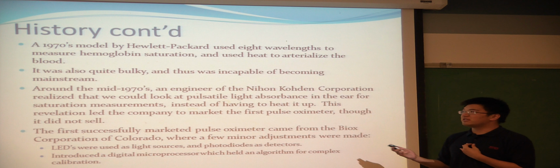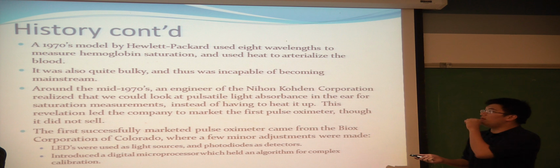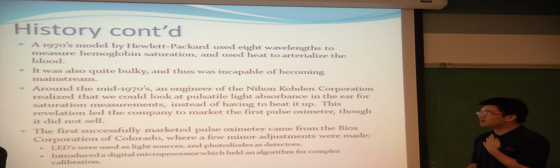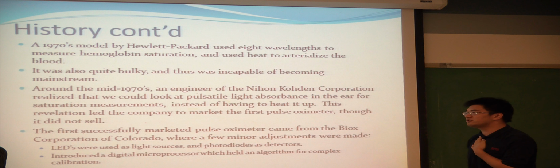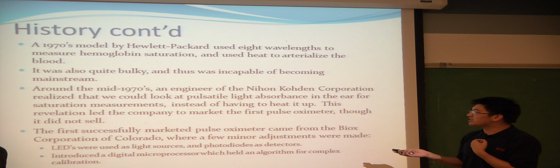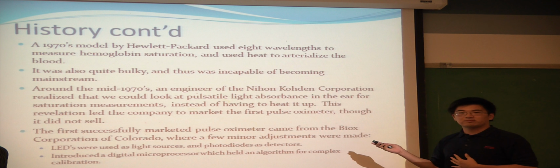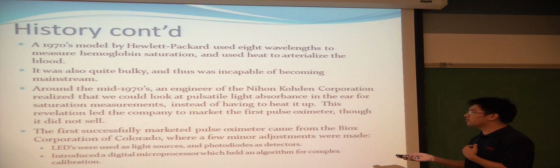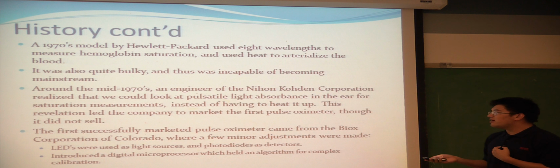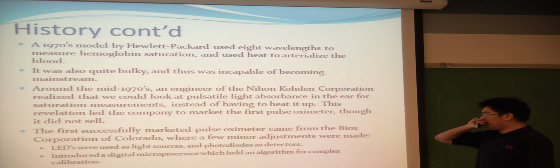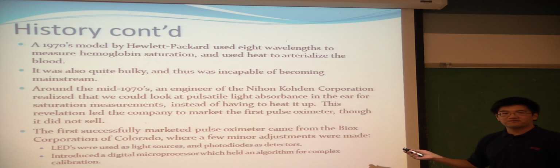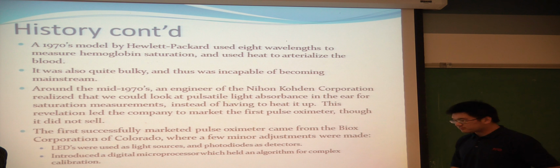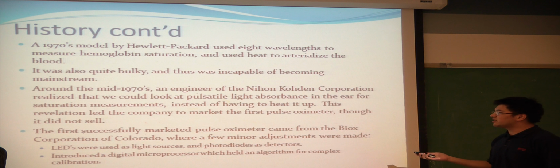It wasn't until about the 70s when an engineer of the Nihon Koden Corporation added the idea of looking at the pulsatile flow in the blood. And from there, the first pulse oximeter was developed, but it didn't really sell well.